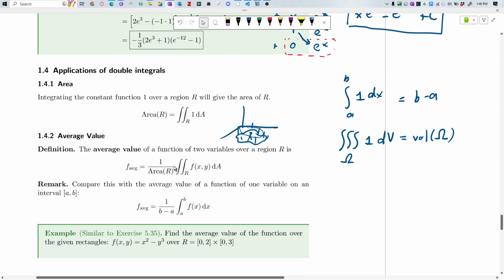The way I think about this is that it's a weighted sum. The actual value that the function takes at a point is the weight that you ascribe to that point. Dividing by the area is basically to normalize things.